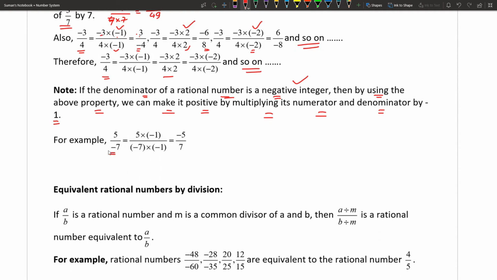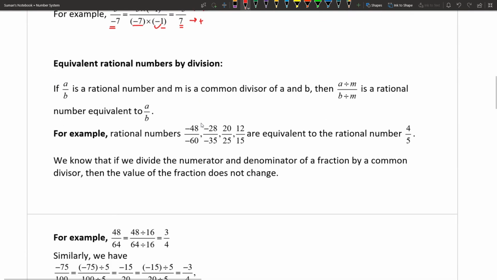Here the denominator is negative. So we multiply both the numerator and denominator by minus 1. Hence we get 5 into minus 1 as minus 5 and minus 7 into minus 1 as 7. So this is equivalent to 5 upon minus 7, but here the numerator is negative and the denominator is positive.